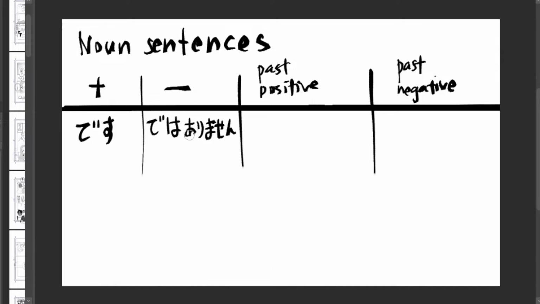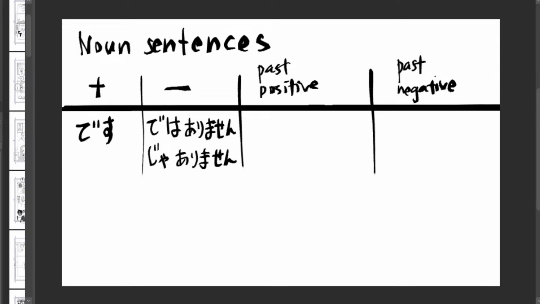Either you use the more formal de wa arimasen, or you can just say the more simplified version, ja arimasen. This works with everything: woman, man, food, anything. If you use the noun, you can end it with des. That means yes. And dewa arimasen, ja arimasen, to make it negative, to deny it.